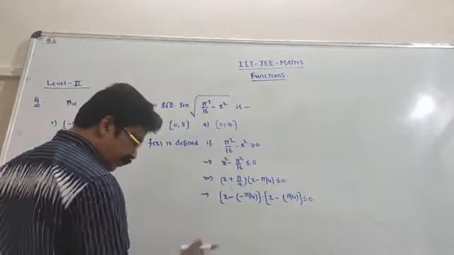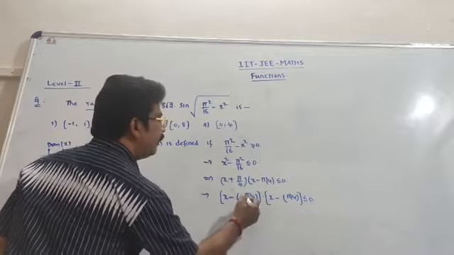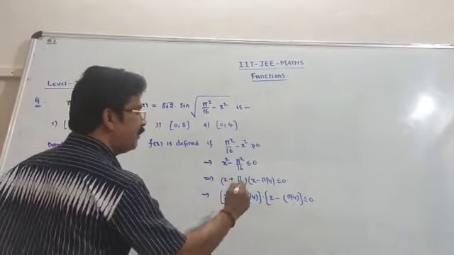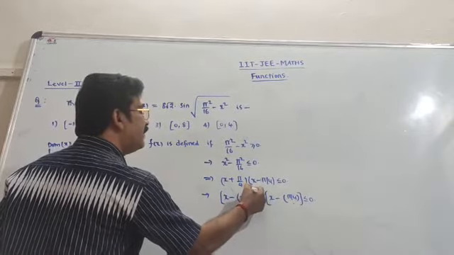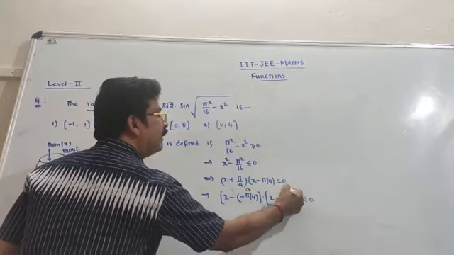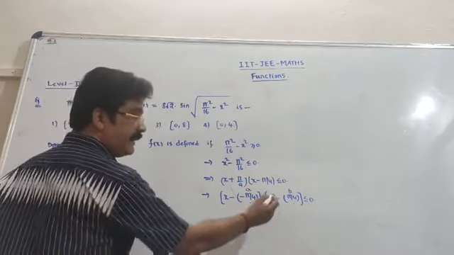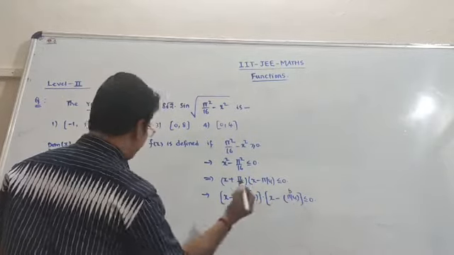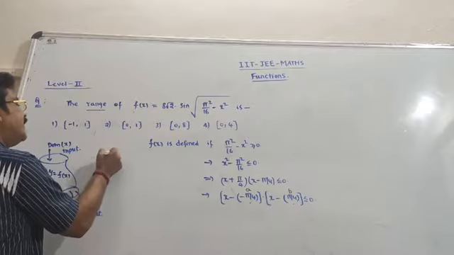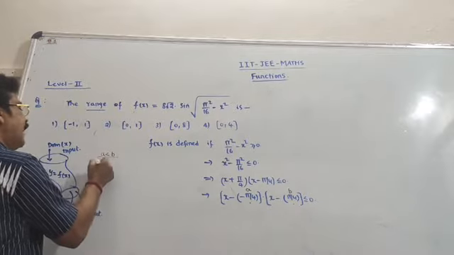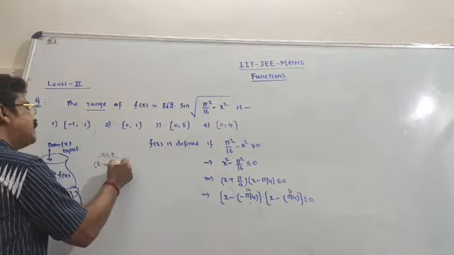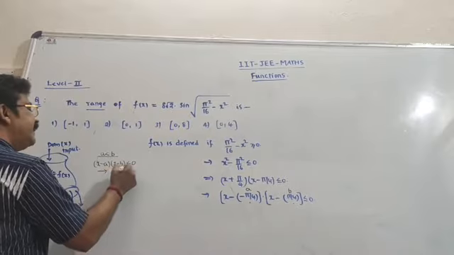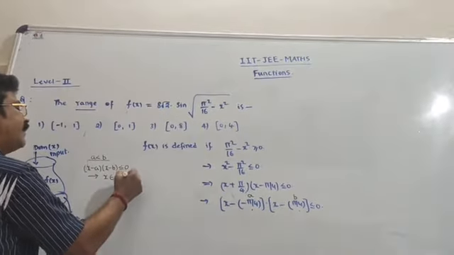So two values are there. One is minus pi by 4, another is plus pi by 4. Which one is the least number? Minus pi by 4 is the least number, so the greatest number is plus pi by 4. Let them be small a and small b. Already I said whenever a is less than b, if x minus a into x minus b is less than or equal to 0, then immediately we can write x belongs to closed interval of a comma b.